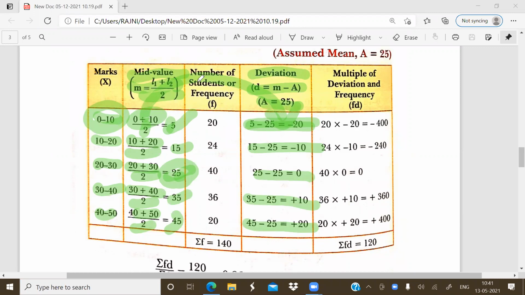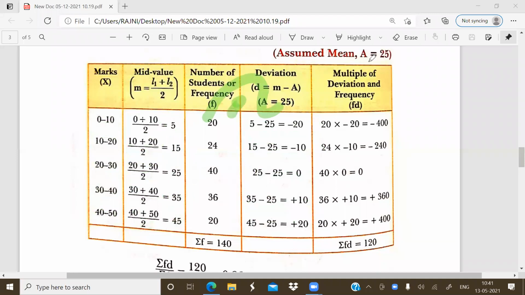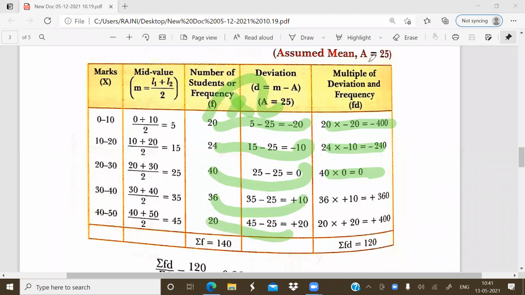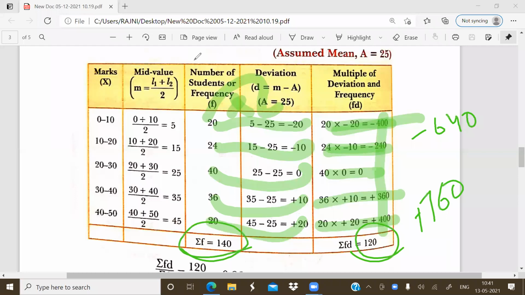After that, the next step is to multiply F with D: 20 multiplied by minus 20, 24 multiplied by minus 10, 40 multiplied by 0, 36 multiplied by 10, 20 multiplied by plus 20. After that, what will you do? Calculate the summation of FD. So this is minus 640 and this is plus 760. So the answer will be plus 120. Sum of F is 140.